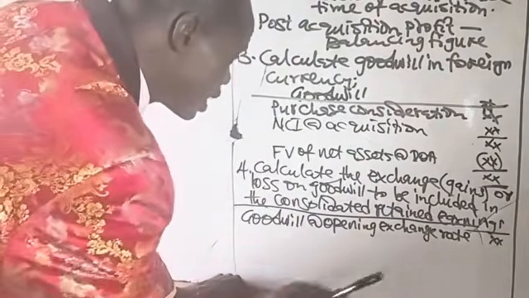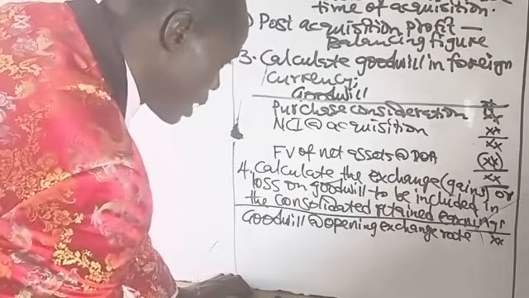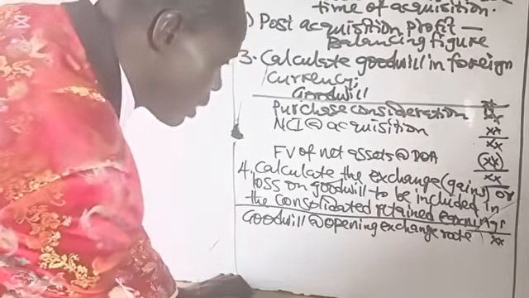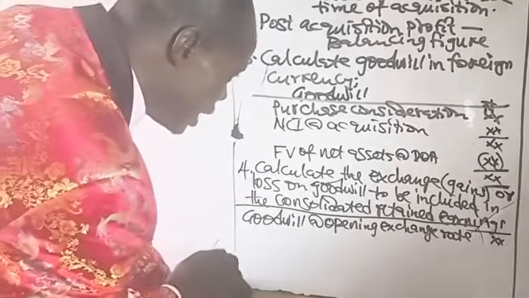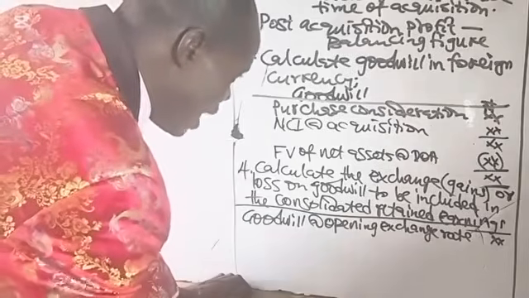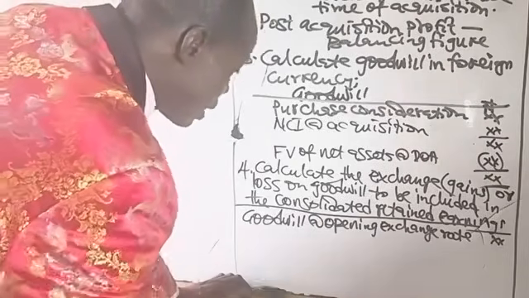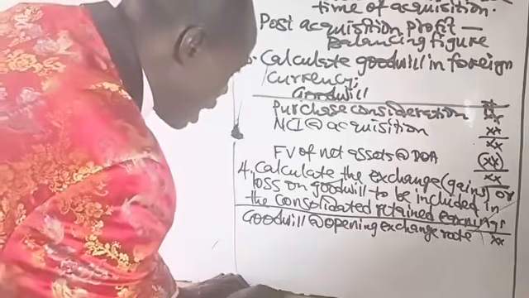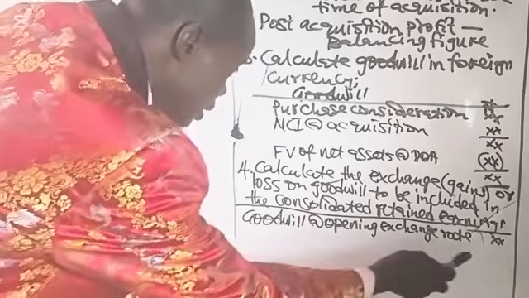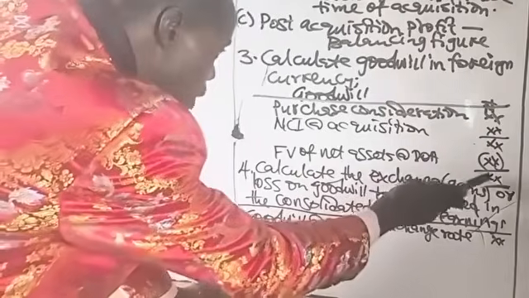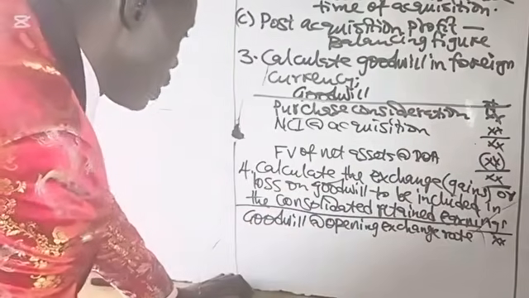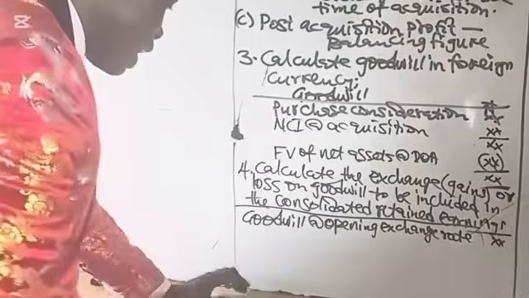If the year end is December 31st, for 2025, the beginning will be January 1, while the end will be December 31st. The exchange rate as of 1st of January, which is the beginning of the accounting period, that rate will be used to translate the goodwill calculated in step number 3. Then goodwill at opening exchange rate.